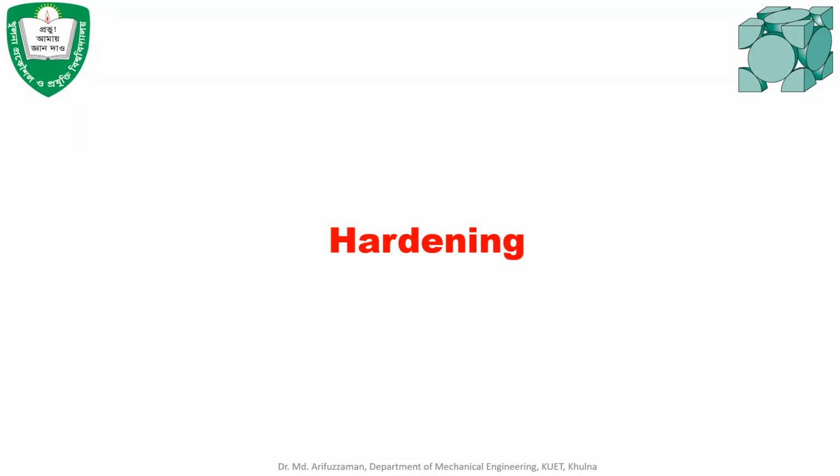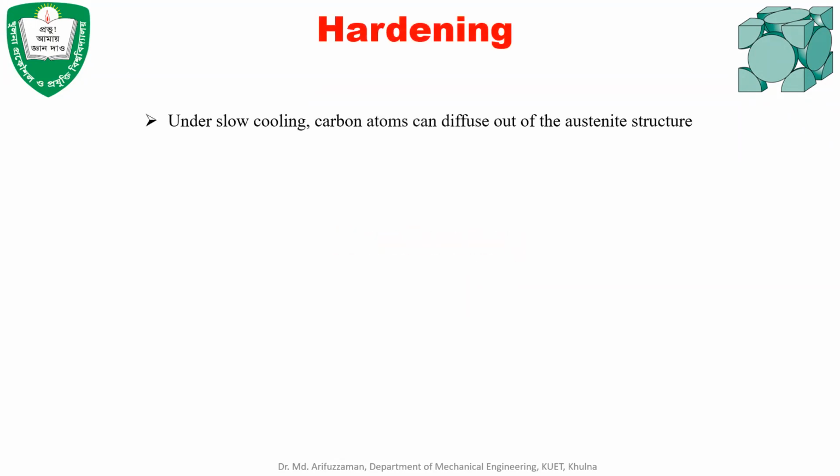That means for hardening, you have to heat up the steel above the upper critical temperature to form 100% austenite, and then you cool it very fast. Then you will obtain a hardened structure. Usually in the case of slow cooling, carbon atoms trapped inside the matrix of iron diffuse out of the austenite to form BCC structure.